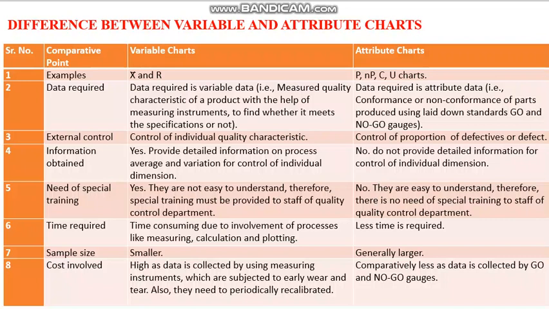Therefore variable control charts are costly: more man hours are required, more precision instruments are required, and because of wear and tear the cost involved is more. Whereas in attribute control charts, the cost is comparatively less, because it is most often done by simple gauges like go gauge, no go gauge.